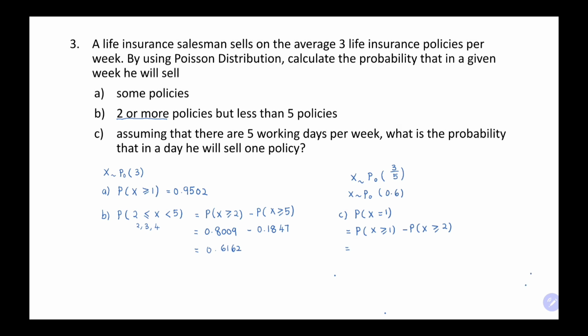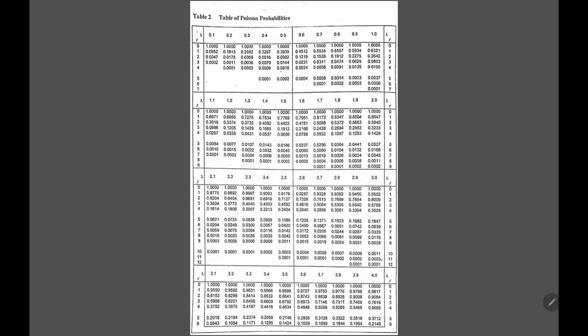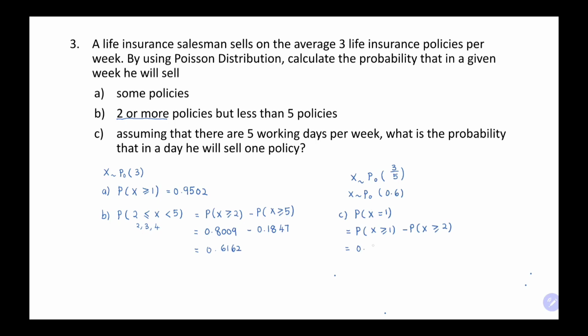Then we check the table with the new lambda 0.6 and r equals 1 and 2. So we have 0.4512 and 0.1219. So we copy this answer, 0.4512, we minus 0.1219. Then we minus, we get the answer 0.3293.